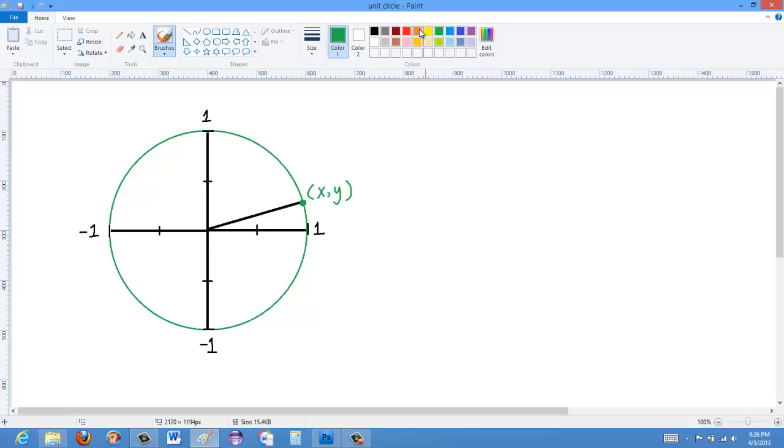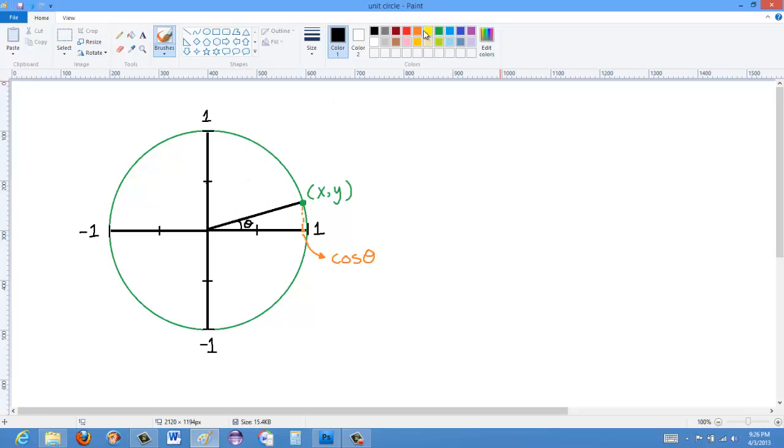If we drew a dashed line down to the x-axis, what we would find is that the place where it touches the x-axis, also called the x-intercept, is the value of cosine theta, assuming that this is theta.